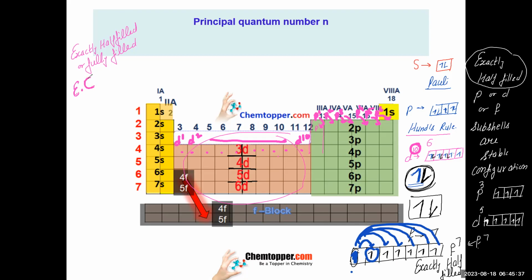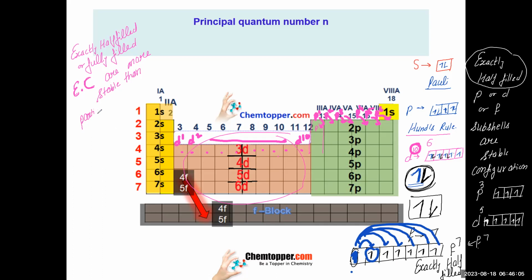Capital EC. Fully filled electron configurations are more stable. Write on this. More stable than, yes, Arjun, than partially filled.